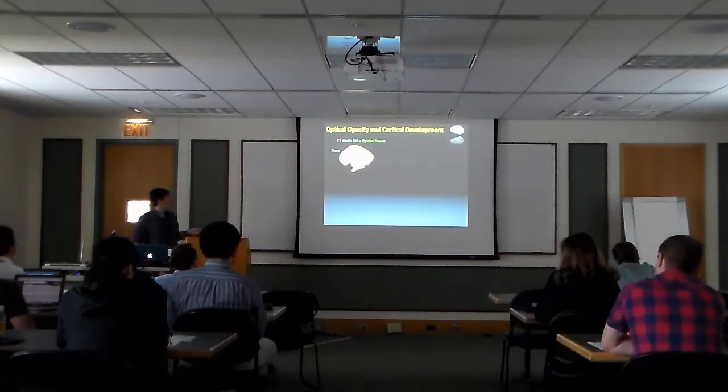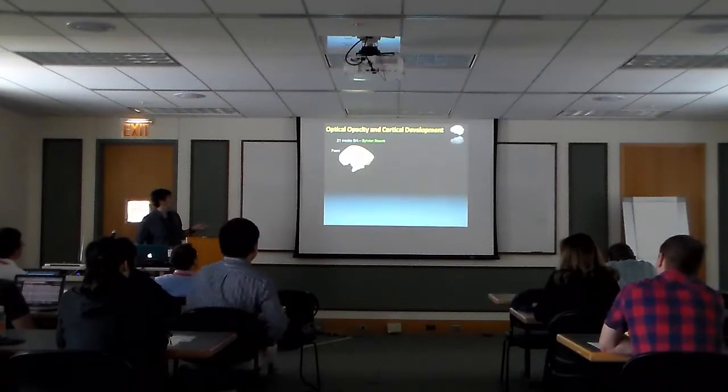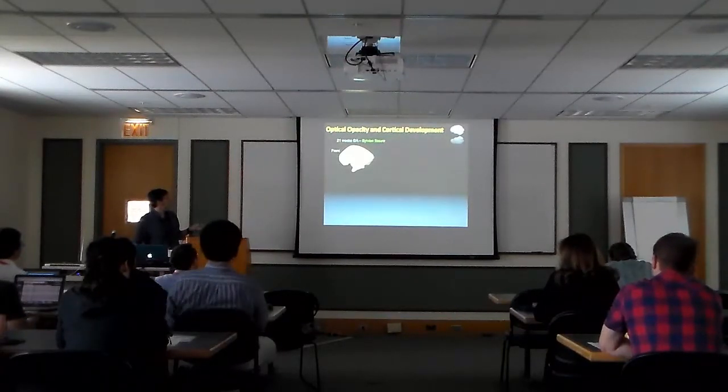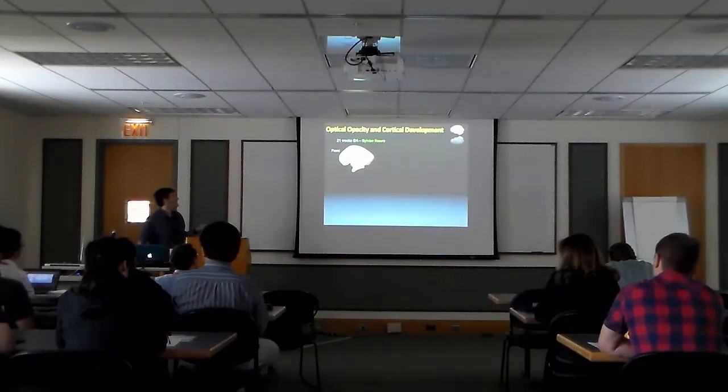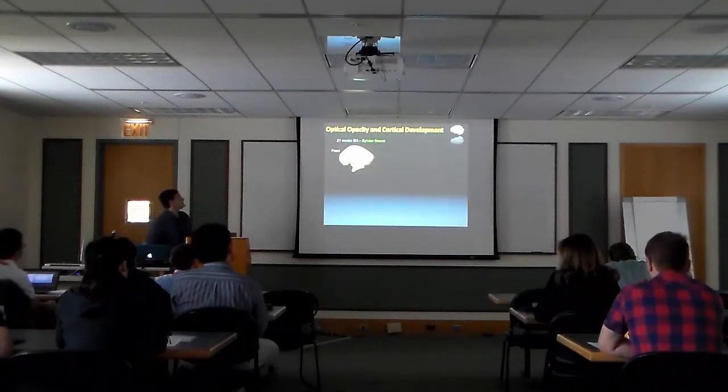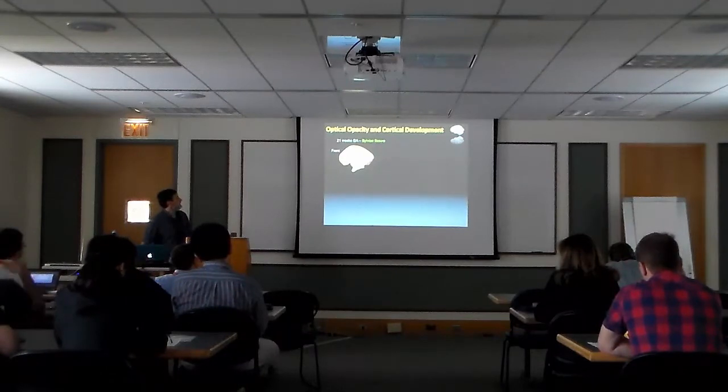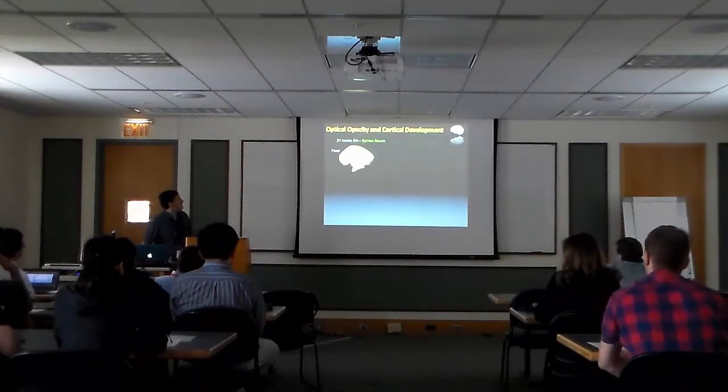But we also have changes during development. And in this figure here, we show the brain of a 21-week fetus. And you can see here that this brain shows a very large hole here.